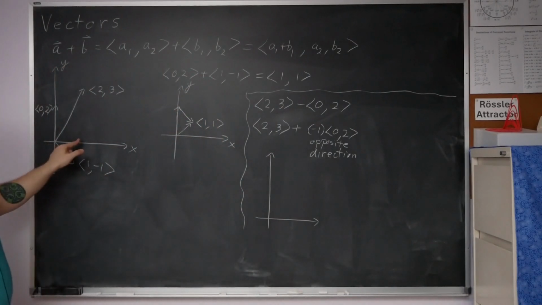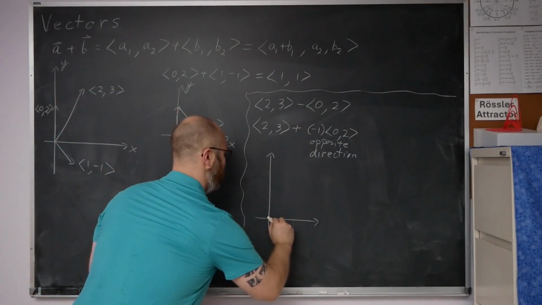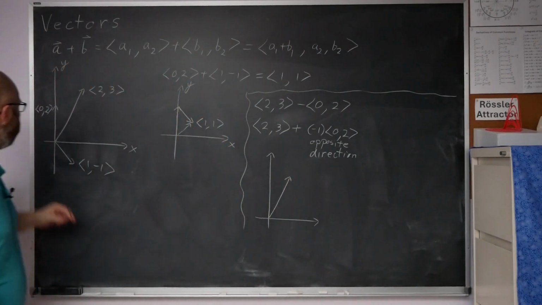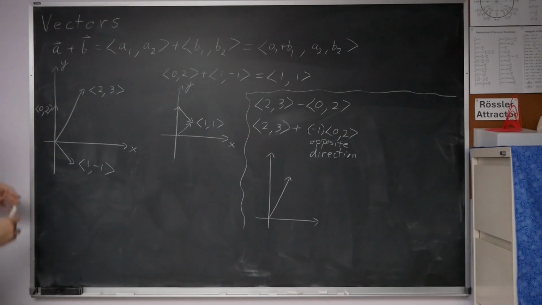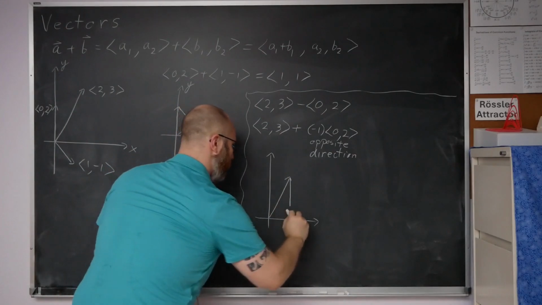I have vector 2, 3. Okay, that kind of looks like 2, 3. And then I'm going to take my 0, 2 vector and I'm going to flip it, so it's going in the opposite direction. And so that will get me down to there.